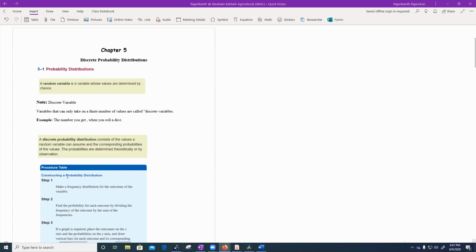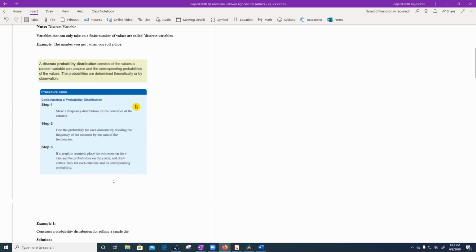In order to make a probability distribution table, we follow these 3 steps. First, you need to make a frequency distribution for the possible outcomes or values of the variable. Then the second one, you need to find the corresponding probability for each value.